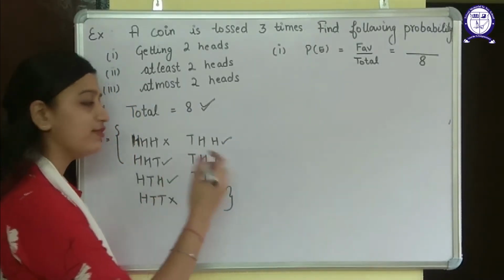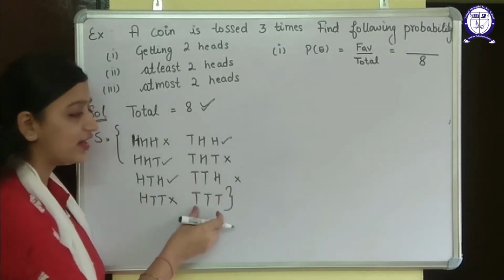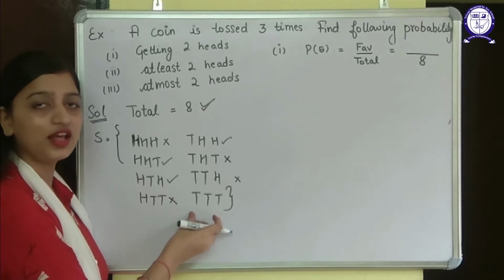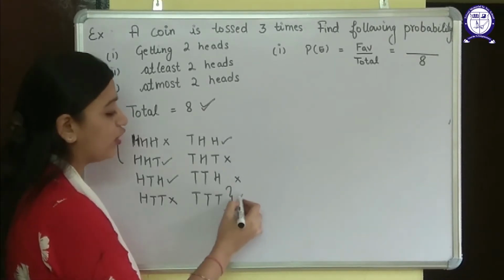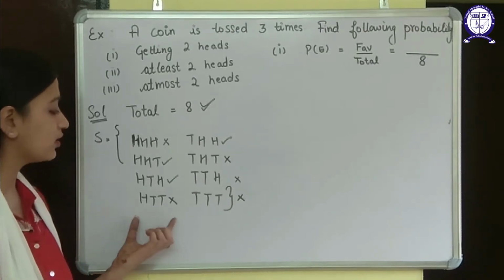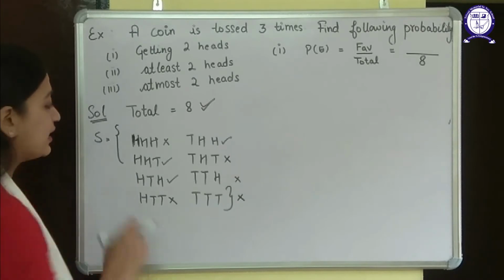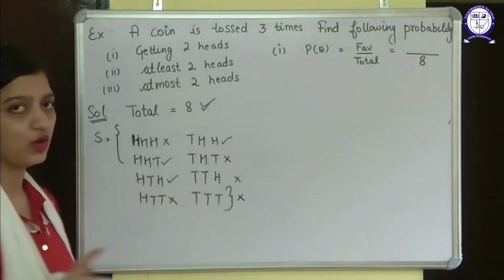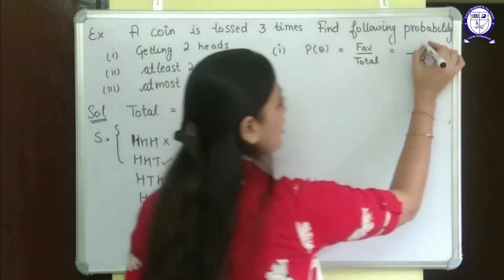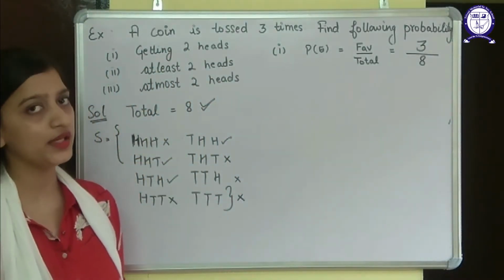Here I have only 1, I will not take it. Also 1, not take it, and there are no heads. There are all 3 tails, so I will not take this also. So you can see how many outcomes are having 2 heads. There are 1, 2 and 3 outcomes. So my favorable will be 3. So my answer will be 3 upon 8.